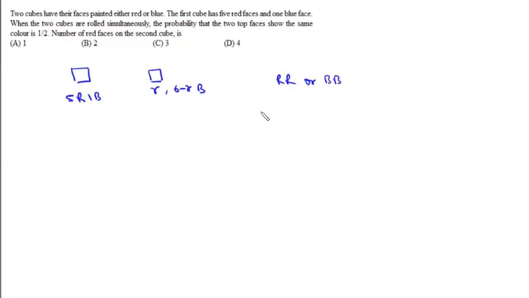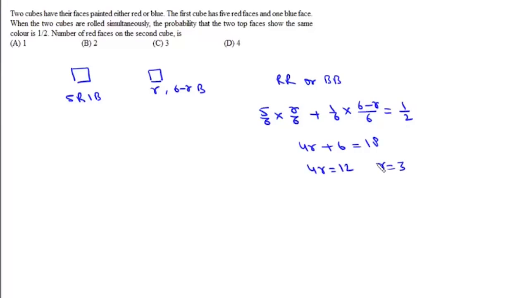Now probability that they'll be red, it is given by 5 by 6 into R by 6 plus both blue, 1 by 6 into 6 minus R by 6, and it is given that it is equal to 1 by 2. Now this is 5R minus R, there will be 4R. So 4R plus 6 will be equal to 18, or 4R equals 12. Value of R is simply 3. So on the second cube there are 3 red faces, and that's your option C.